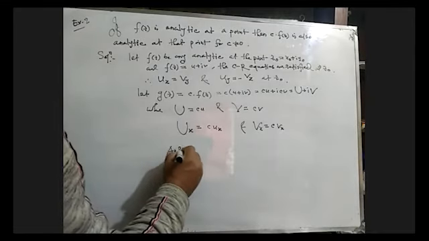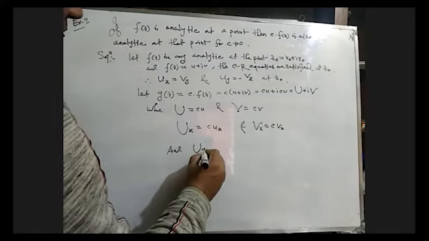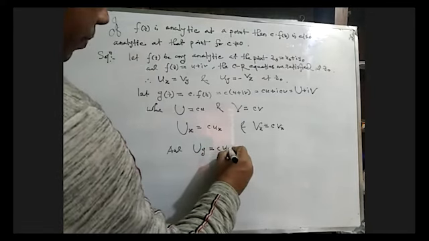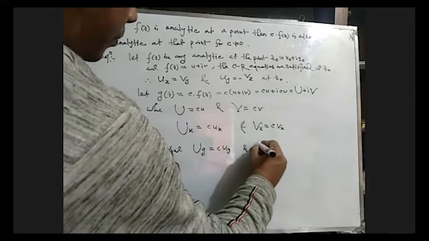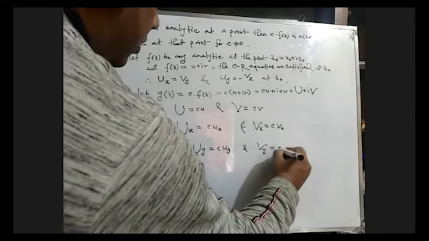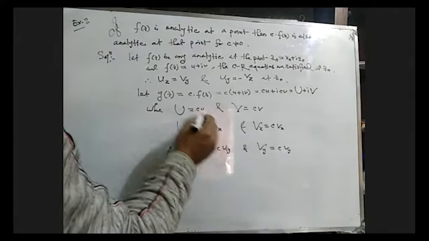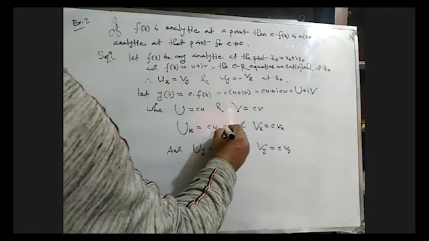Now, partial differentiation of capital U with respect to y is c into uy, and by equals to c into by. But ux equals to what? dy. Okay. From here, this is equation number 1.